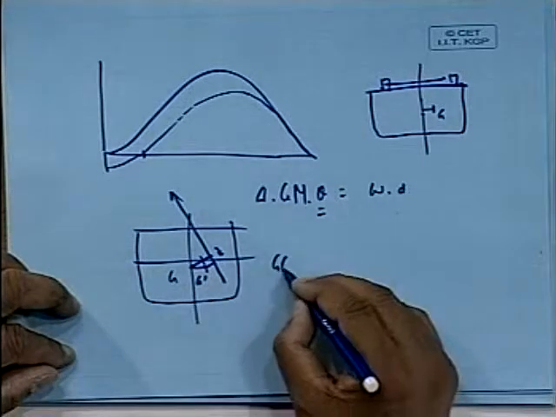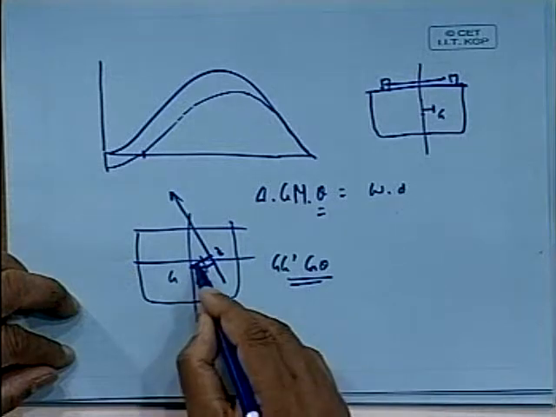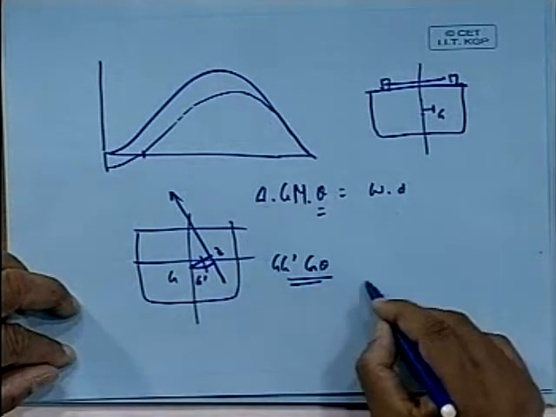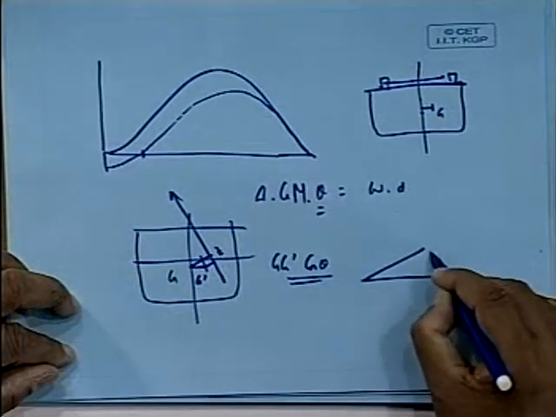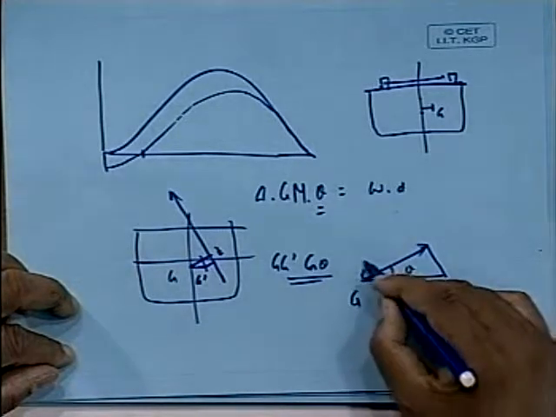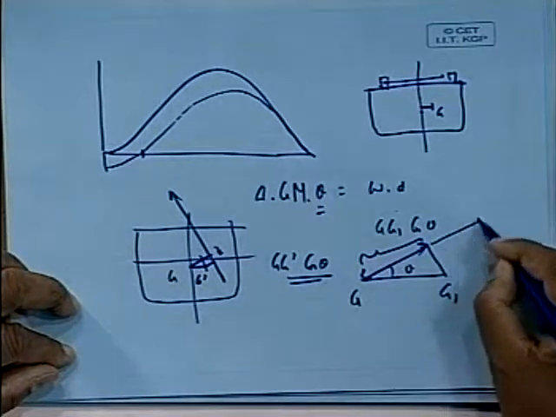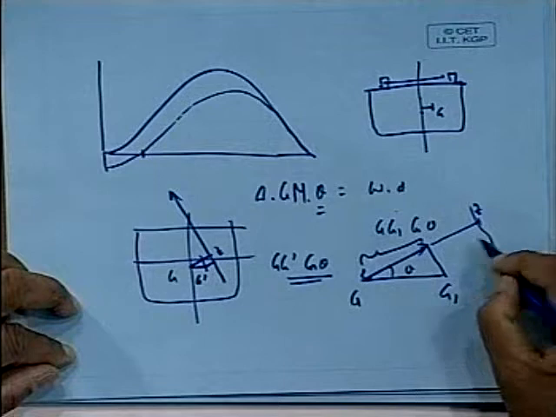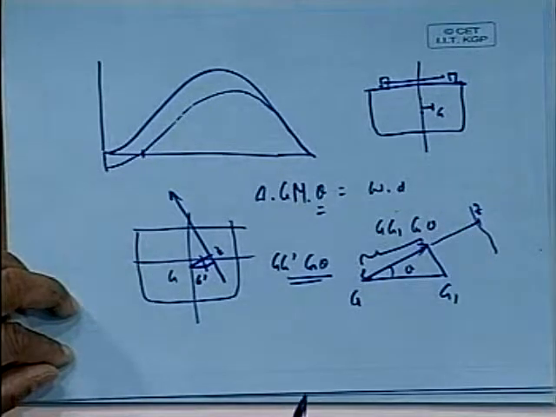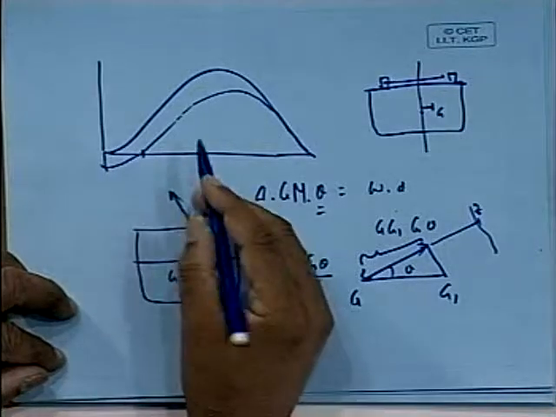It is GG1 cos theta, because this is theta, this is G, this is G1, and this is cos theta, so this is GG1 cos theta. Initially this is the Z point, so it is reduced by that much. So therefore it is basically reduced by that much, okay.